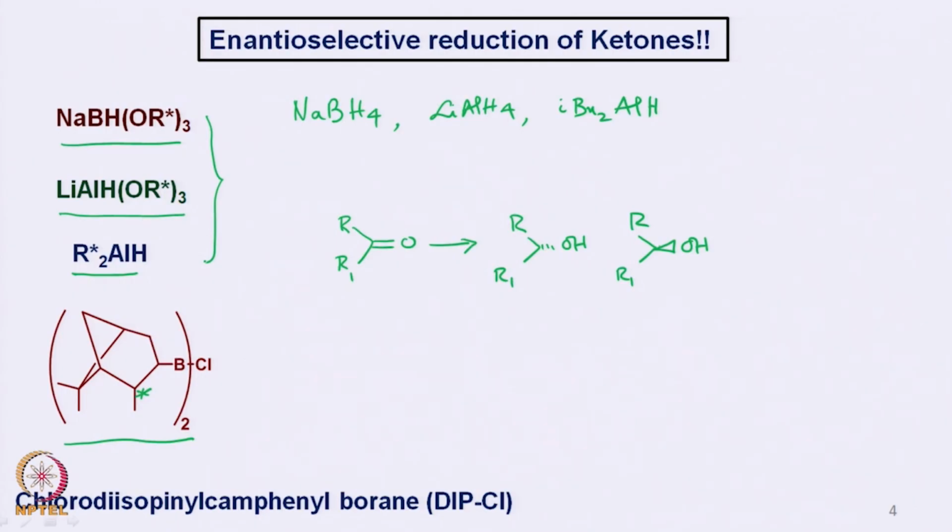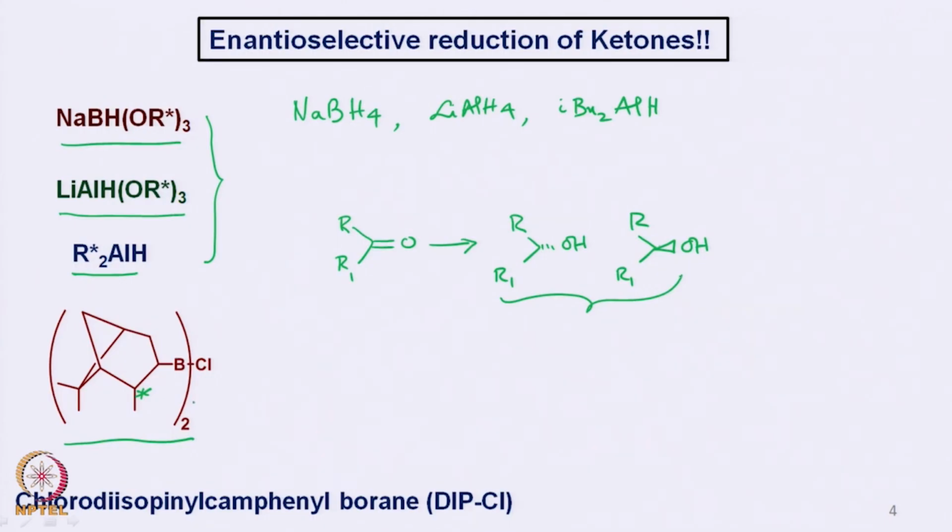Of course, in the case of the diol which is modified by a chiral ligand, it would not behave as a nucleophile to start with, but once it has a coordination with the oxygen of the ketone, then of course it behaves like a nucleophile. But in all these cases the enantiomeric purity, or the extent of asymmetric induction, depends upon various factors, of course including the chirality of the R ligand.